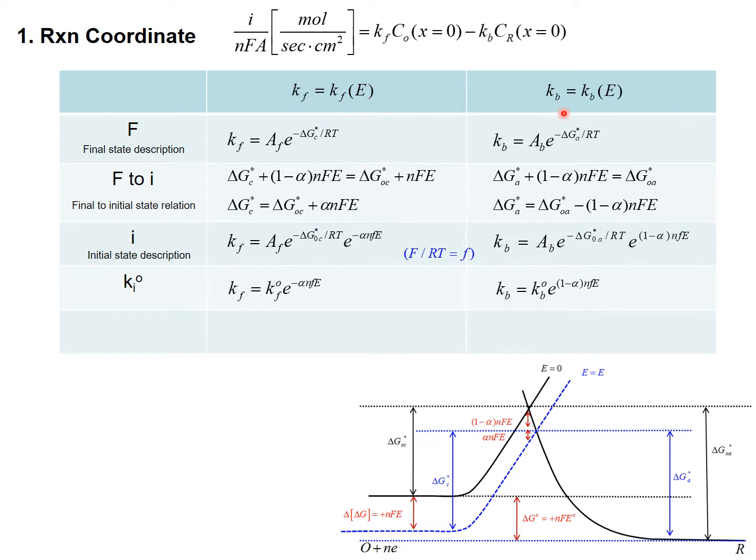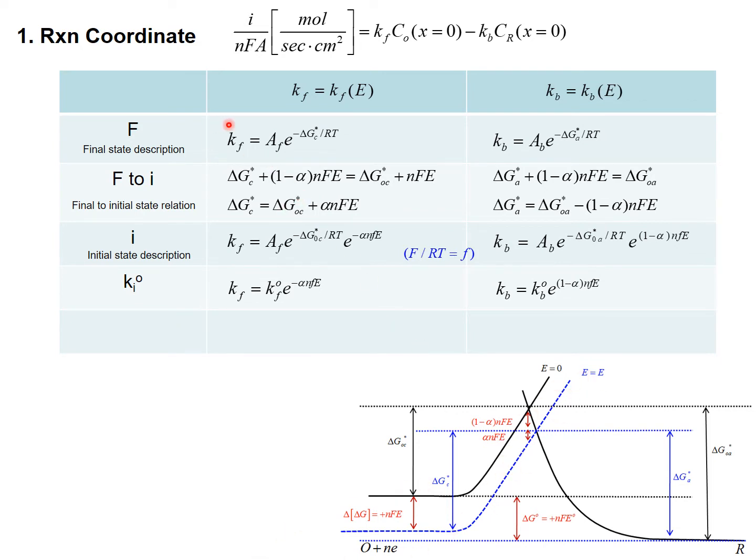And in the other column you can find the backward rate constant. So let me start from the final state description. Here, final state indicates the state after we have applied a potential to the system. So the blue cases.